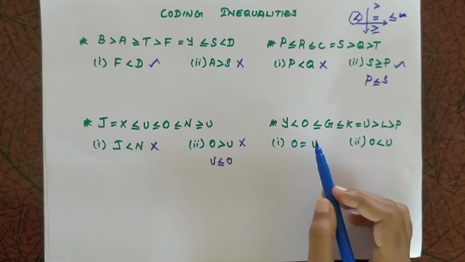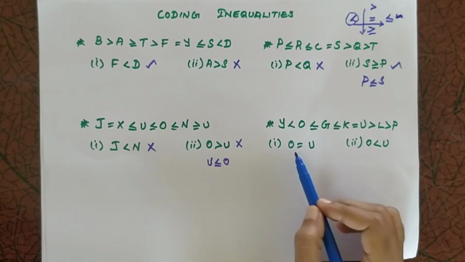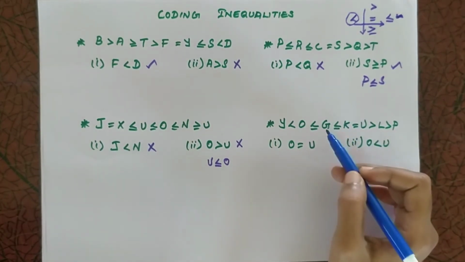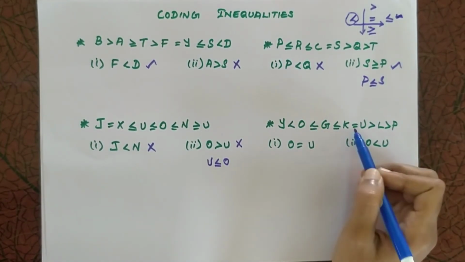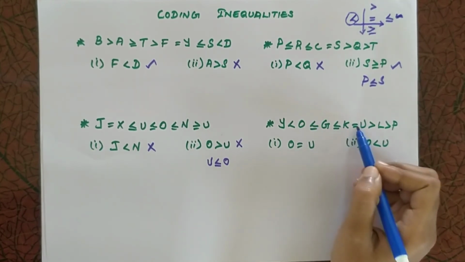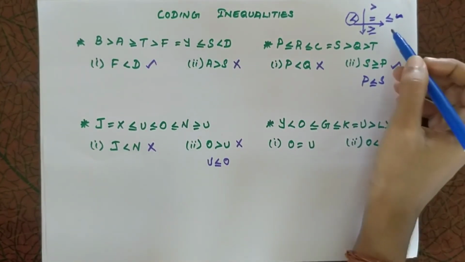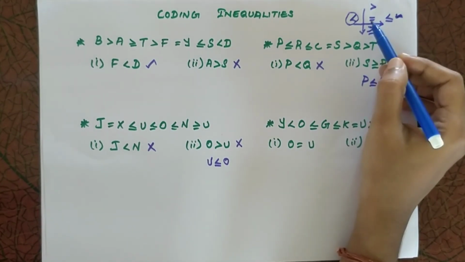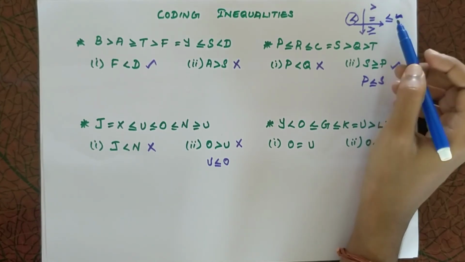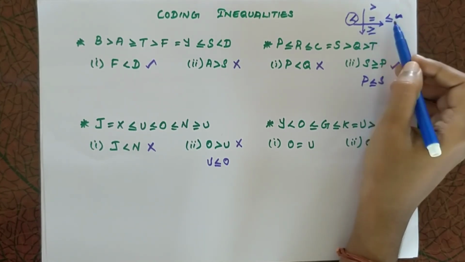Now let's see this example. Here conclusion 1 is given as O equal to U. Here, if you see, there are two symbols present in between O and U, that is less than or equal to and equal to. So we should have less than or equal to when we compare these two symbols.